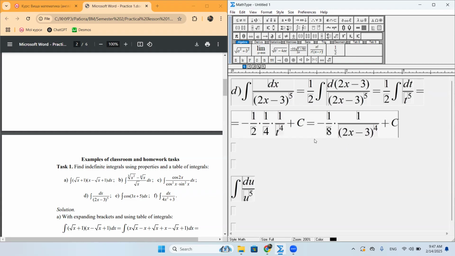So do you understand the differential entry technique, or not yet? Maybe we definitely need more practice, but that's the idea. If I differentiate it, I will receive 2 dx, and here I multiply by 1 second, not to break the equality.